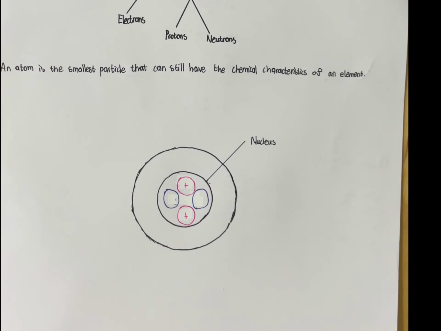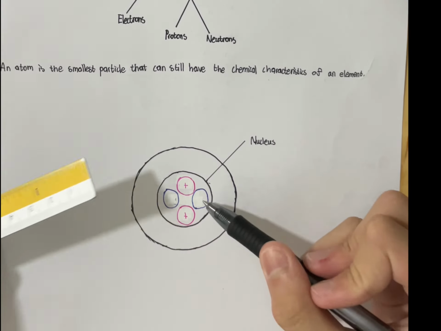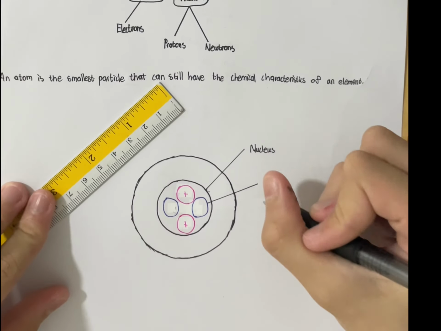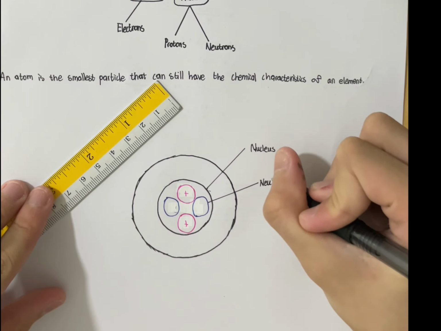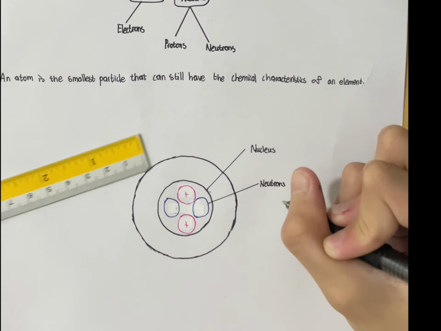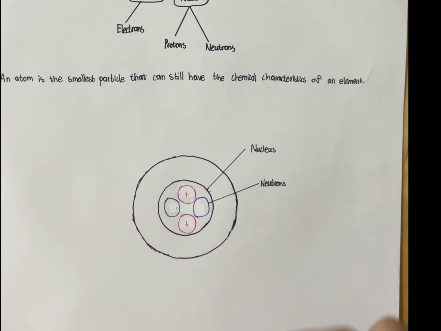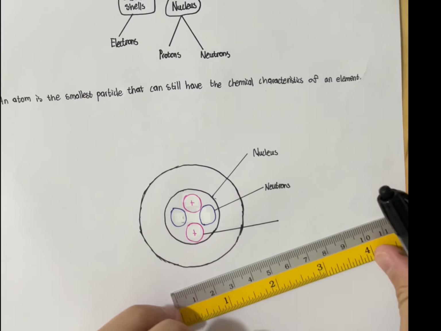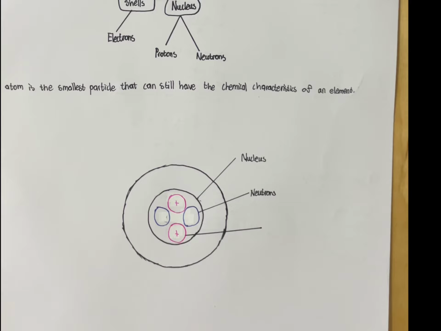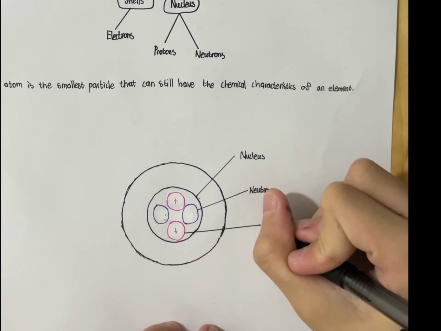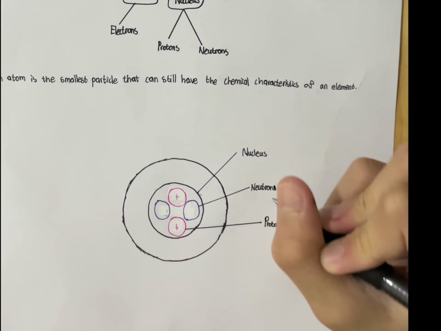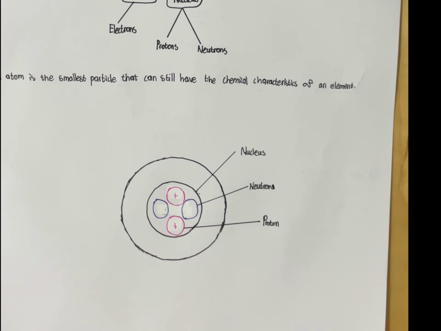The blue circles here represent neutrons, and this pink thing with a plus sign in it represents a proton.